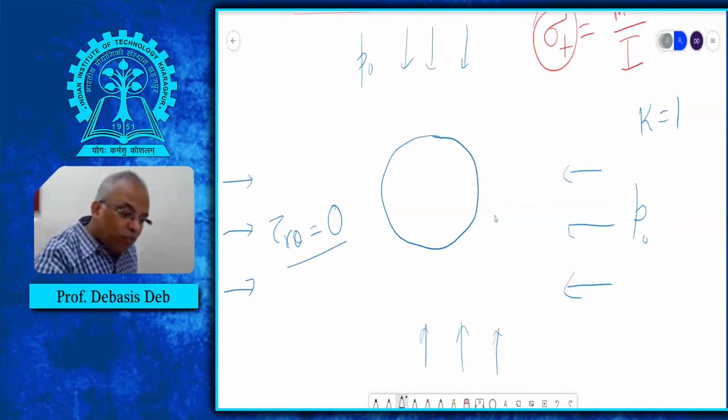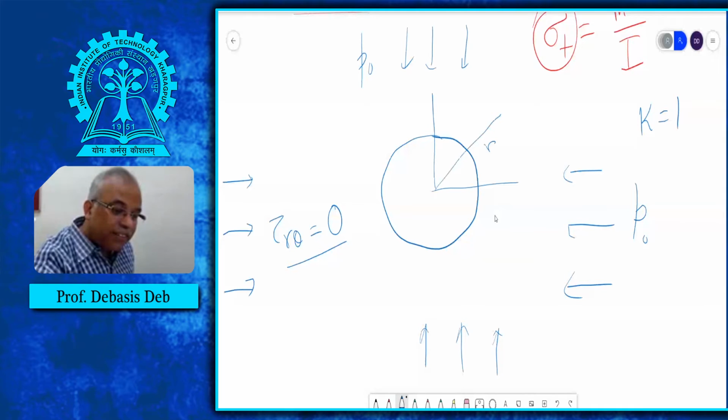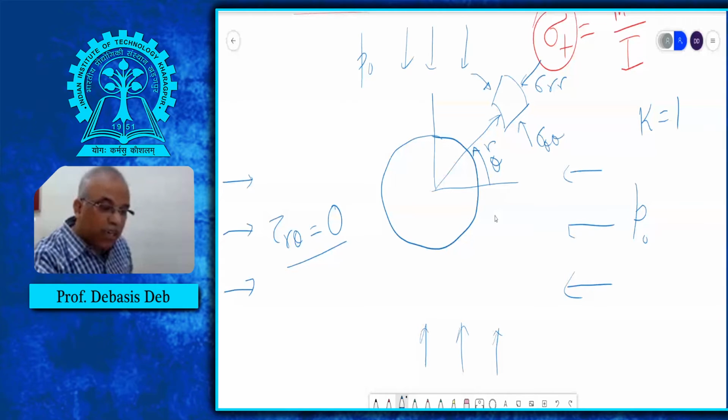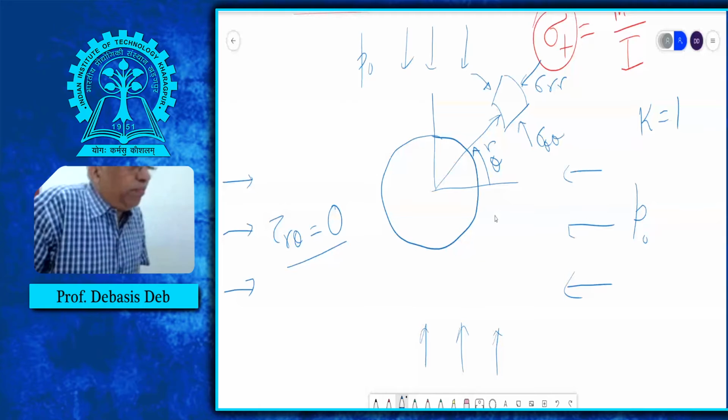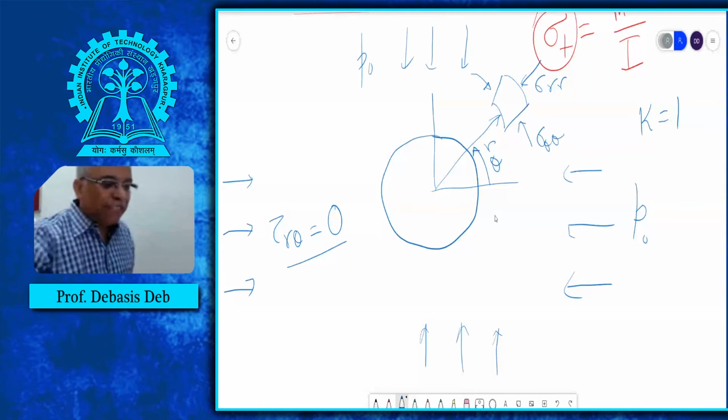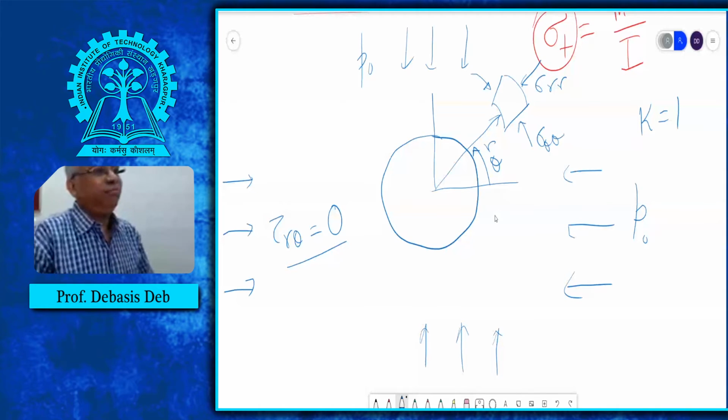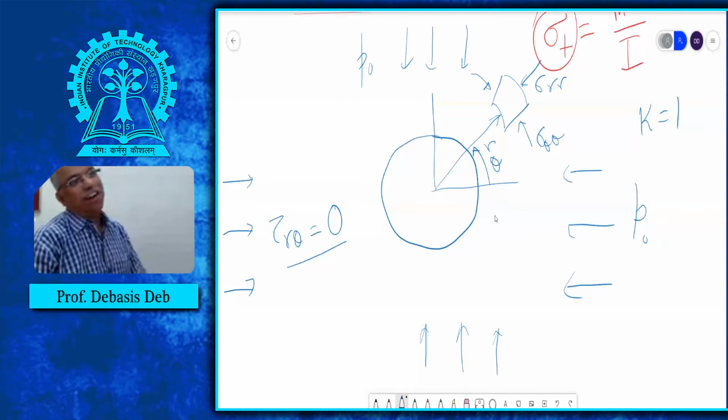Now, what is this stress? This is at any r. So this is the radial stress, sigma rr, and this was sigma theta theta, which is tangential stress. This is basically theta, right? So now tau r theta is not there for K equals 1, right? Now, can anybody tell me what is this plane now? Principal plane. Right.